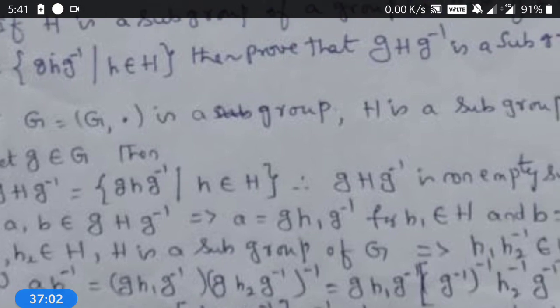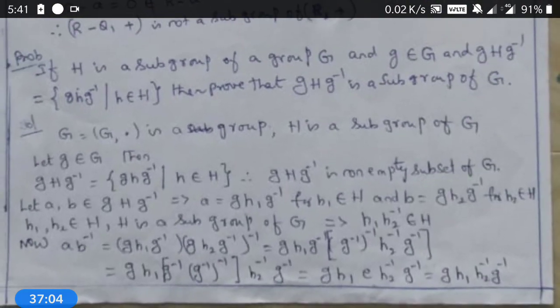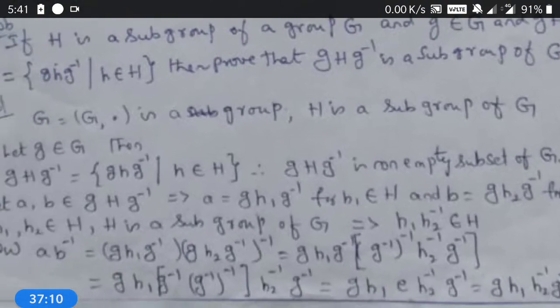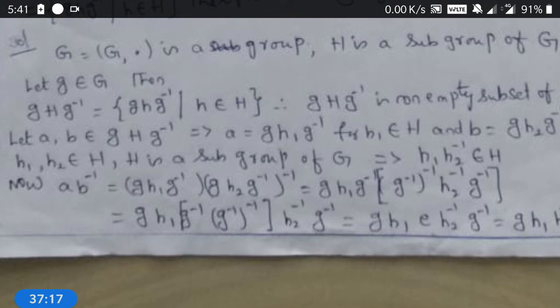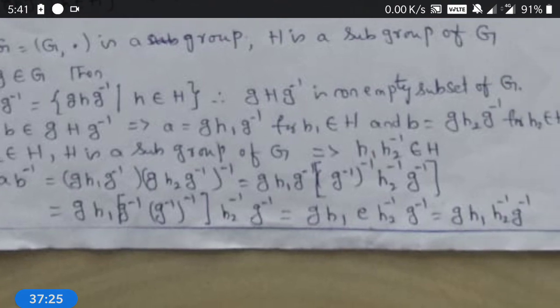G is a group and H is a subgroup of G. Let g belong to G, then gHg inverse is equal to the set of g h g inverse such that h belongs to H. Therefore, g h g inverse belongs to gHg inverse.